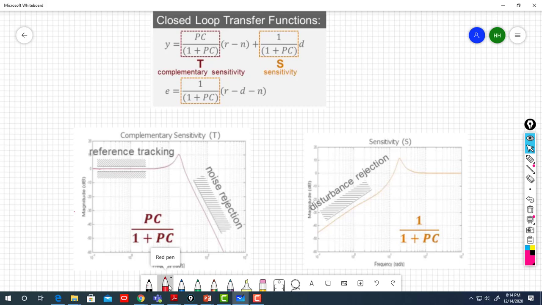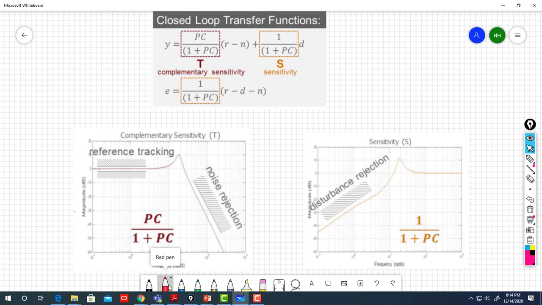And by looking at the sensitivity also, I wish to have a 1 over 1 plus PC transfer function that gives a Bode diagram that looks like this. Why? Because ideally you want to reject disturbance. Rejecting disturbance means what? It means the disturbance is a low frequency signal, so you want to attenuate at low frequency.